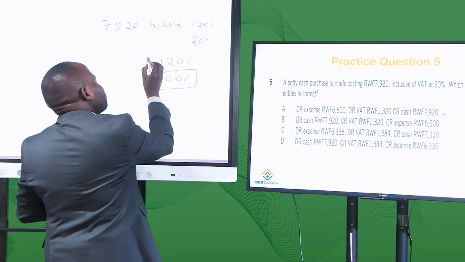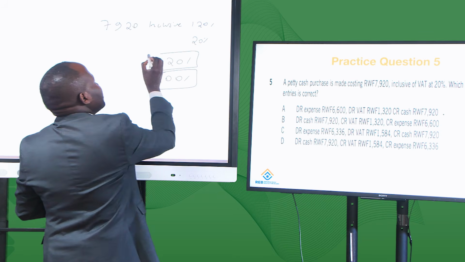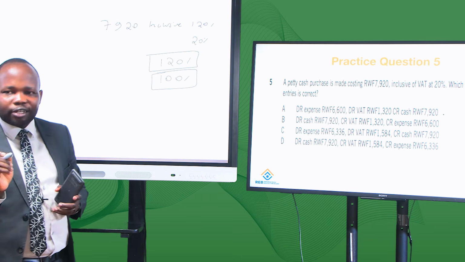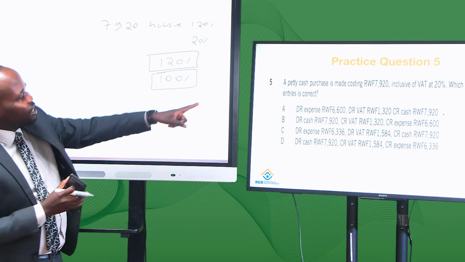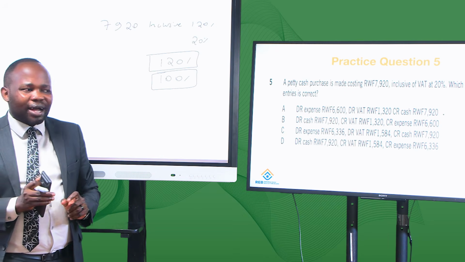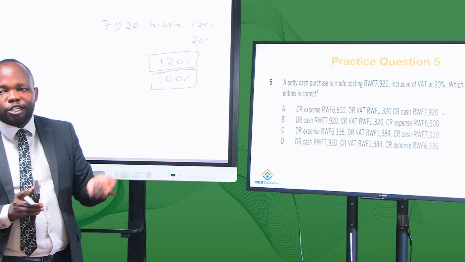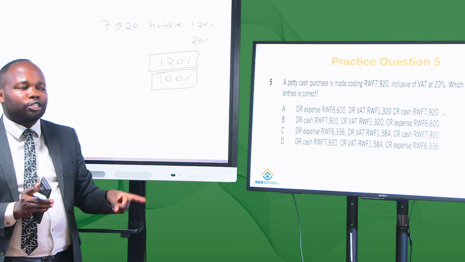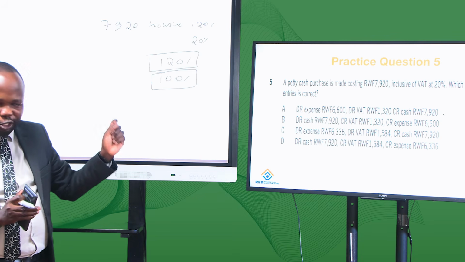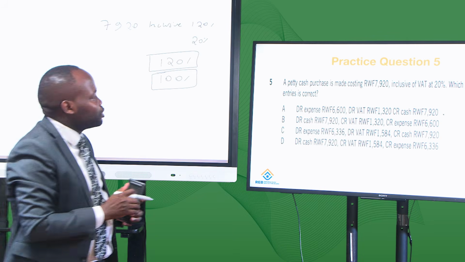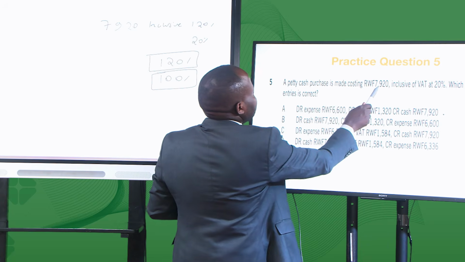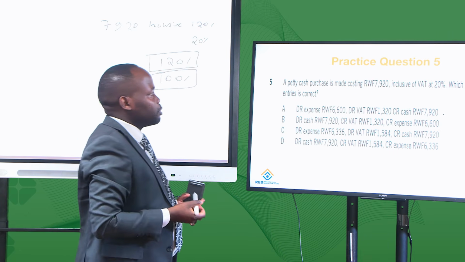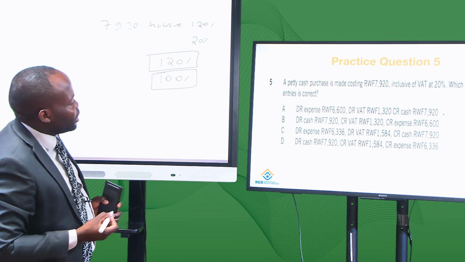If it is inclusive of VAT, the total should add up to 120. That is if the VAT is 20%. But currently the VAT rate is maybe 18%. Don't use the current rate, use the rate given in the question. So in the question here, you are being told a petty cash purchase is inclusive of VAT of 20%. What are the correct entries?